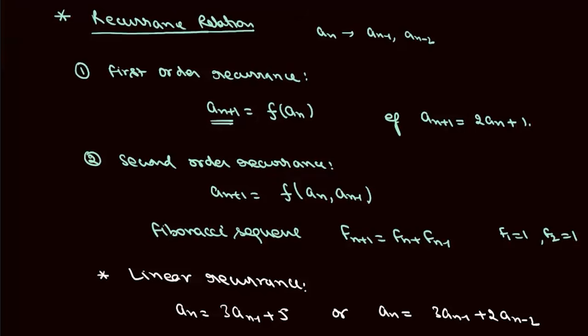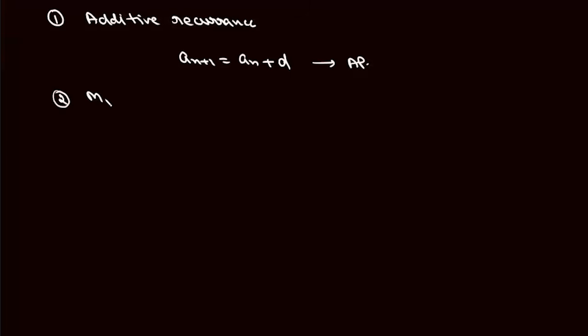Now we'll study some common recurrence types, and the first one is additive recurrence. Now this is a_(n+1) equals a_n plus d. As you can see, clearly it is an AP. Second is multiplicative recurrence.